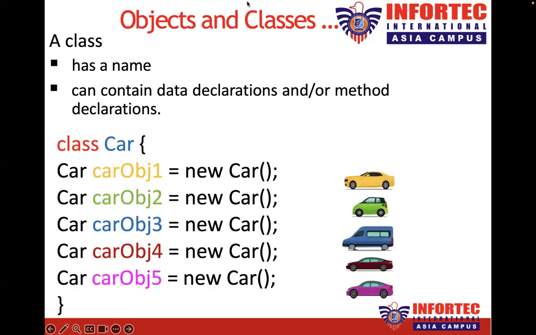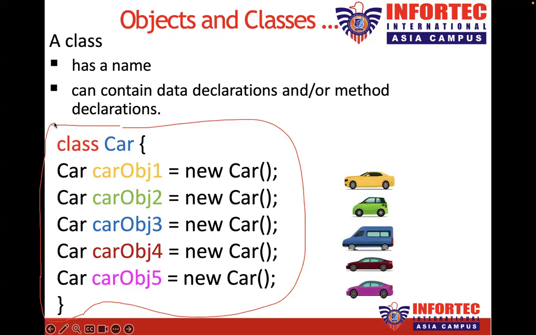Let me go back because I'm going to show you how to do that. From this to this. So in your paper, write this thing and get ready for my explanation. So this is how we convert that car class into a technical class.